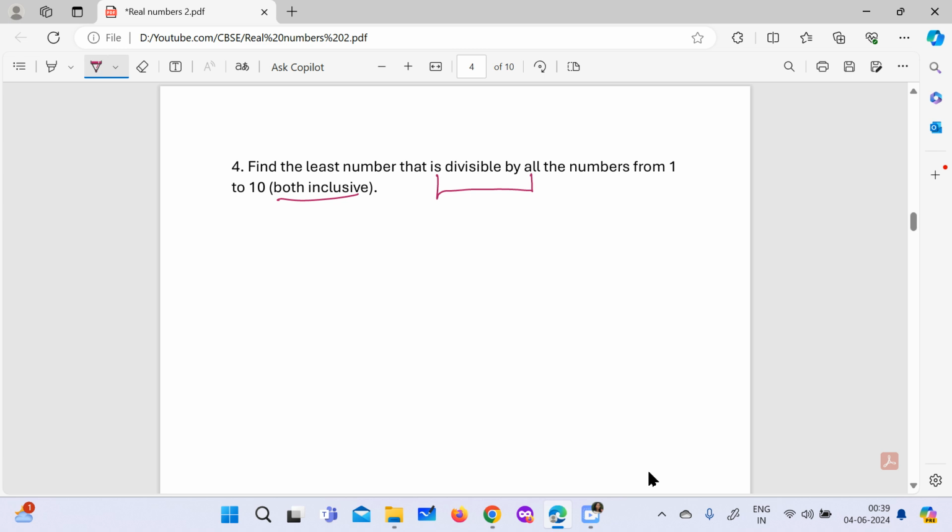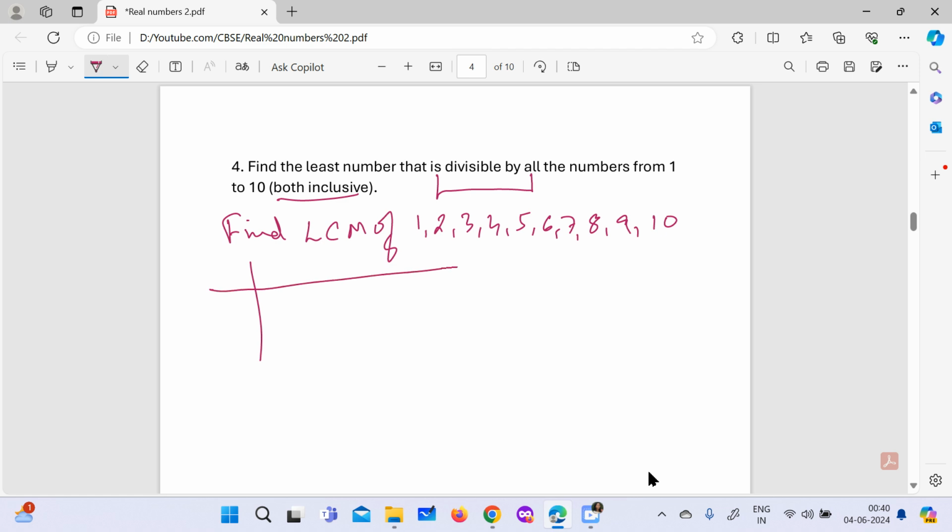Okay, so let's do it. The first step is to find the LCM of 1, 2, 3, 4, 5, 6, 7, 8, 9, and 10. I'll do it all together, once, because this will keep my work easier. 1, 2, 3, 4, 5, 6, 7, 8, 9, and 10. Now let's do with 2.